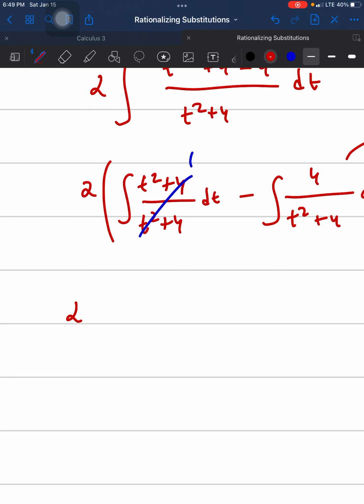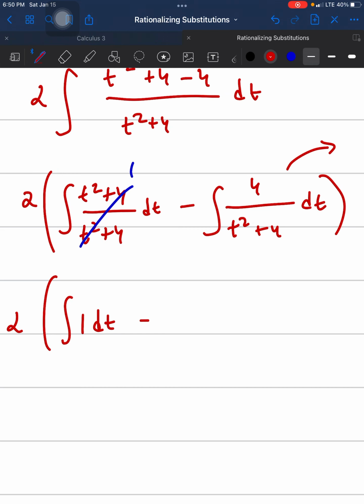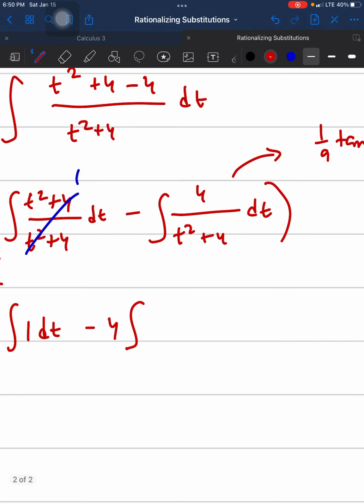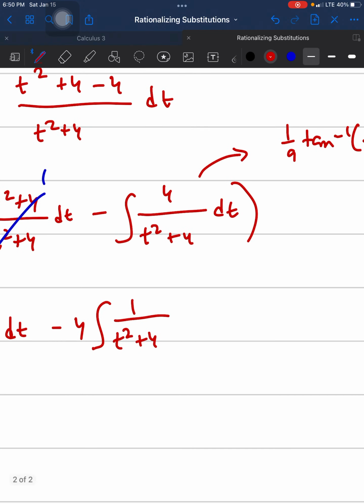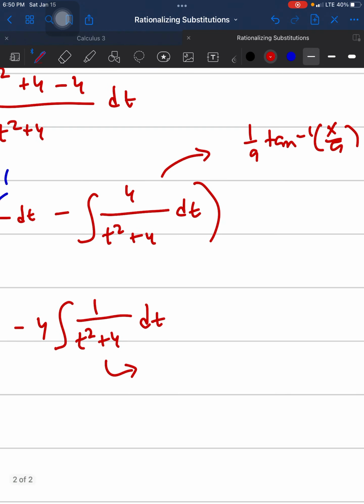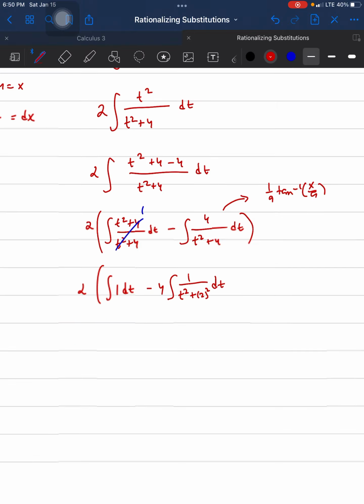So let's rewrite this a little again. We get the integral of 1 dt, minus, and we pull out this 4 by the constant rule, 4 times the integral of 1 over t squared plus 4 dt, and this could be rewritten.